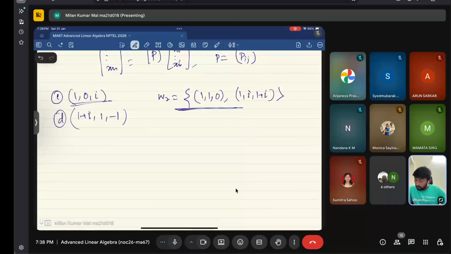So let me write formally: a(1, 1, 0) plus b(1, i, 1 plus i). That gives (a plus b, a plus bi, b(1 plus i)). So this is what the problem is. I think there is a mistake.